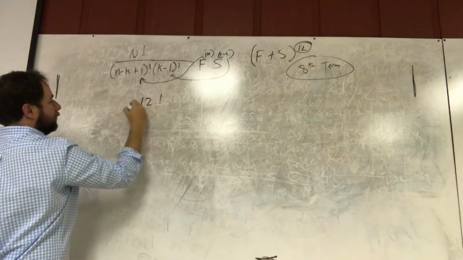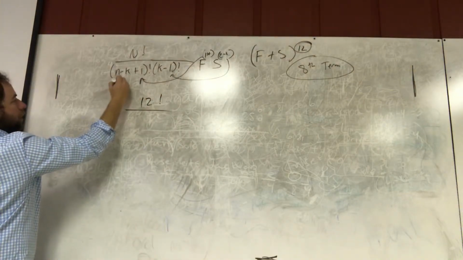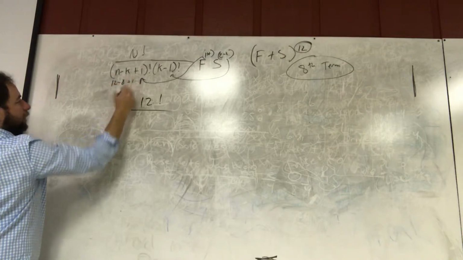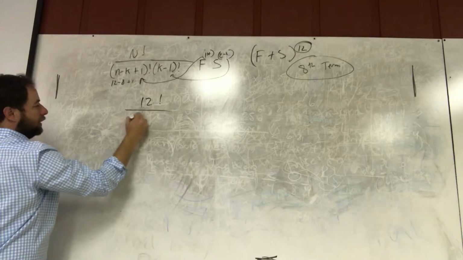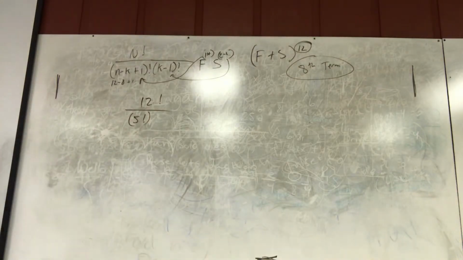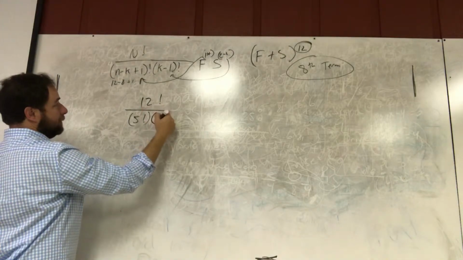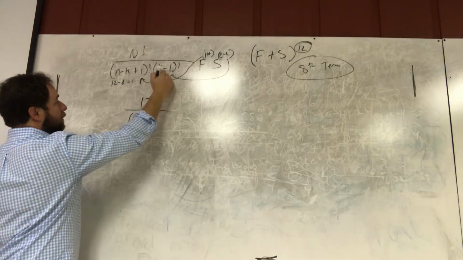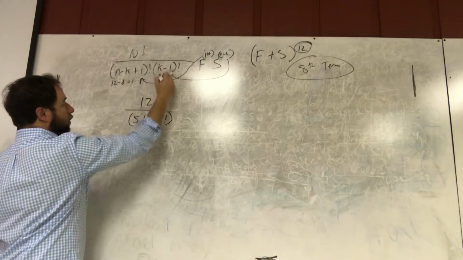So it'll be 12 factorial over, now this is going to be 12 minus 8 plus 1. 12 minus 8 is 4, plus 1 is 5. So this first one is going to be 5 factorial. Now the second one is going to be 8 minus 1, which is 7 factorial.